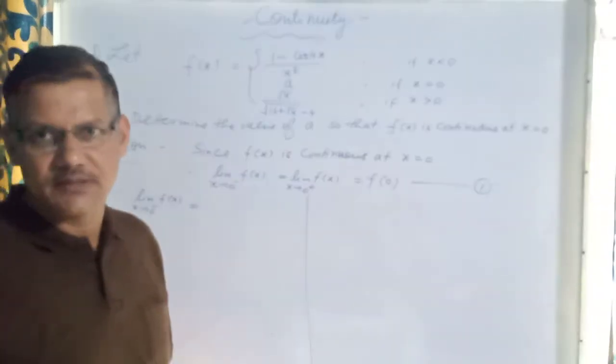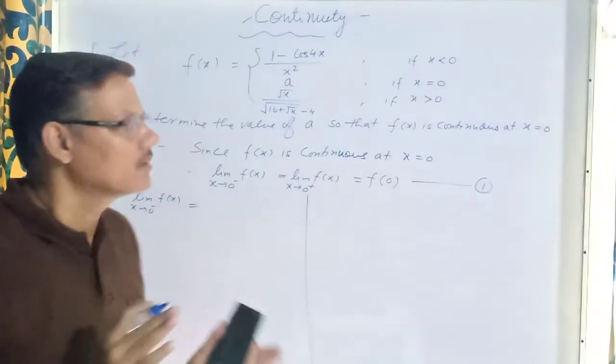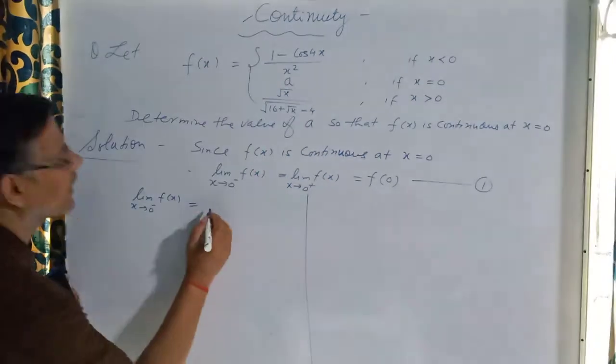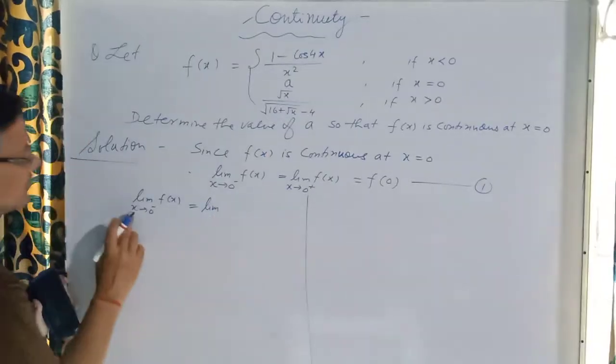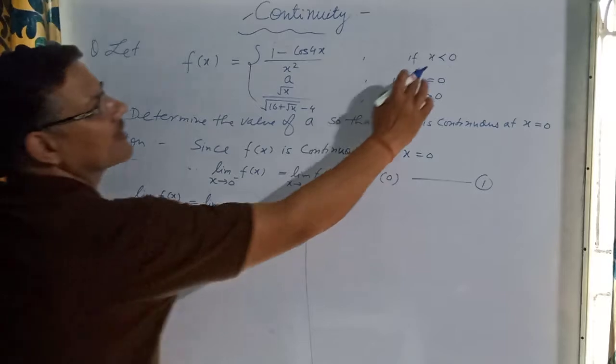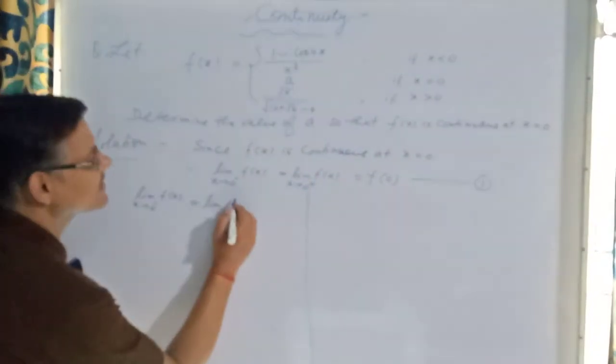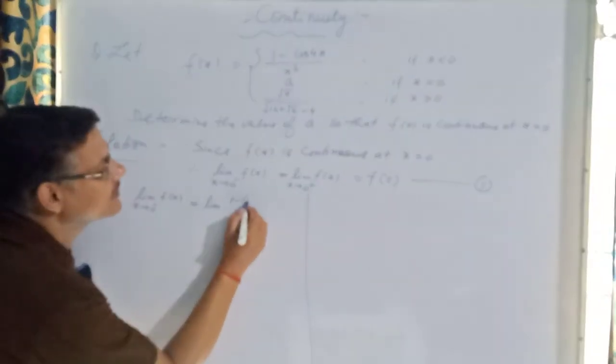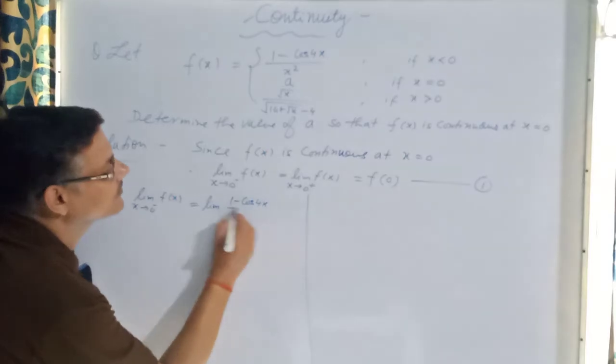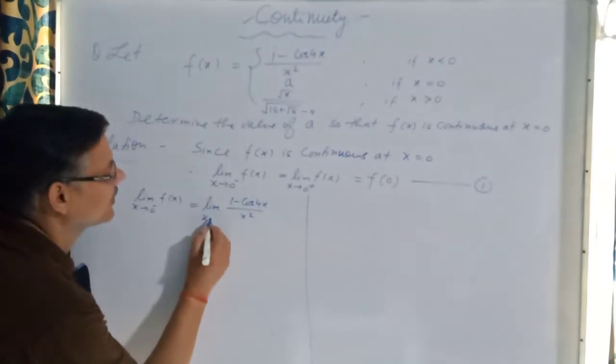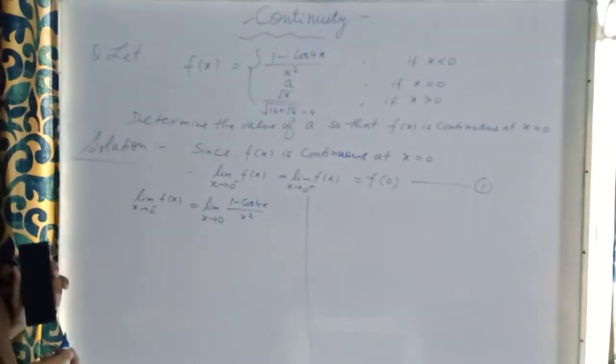If we use h, then we get the same thing, but here we try directly less than 0, so just take less than 0, so replace f by (1 minus cos 4x) divided by x square, and remove the minus here.